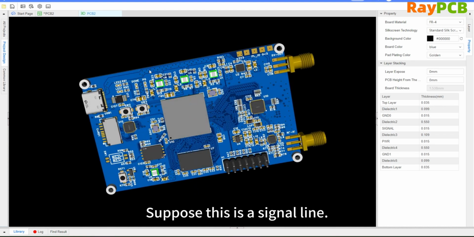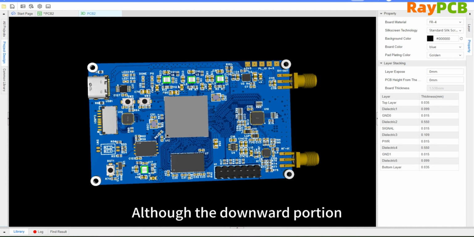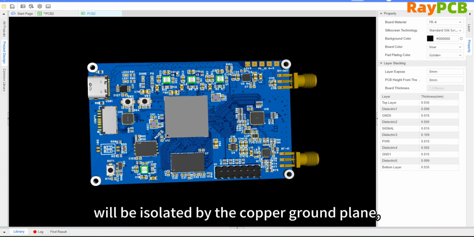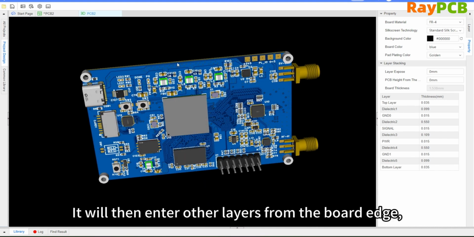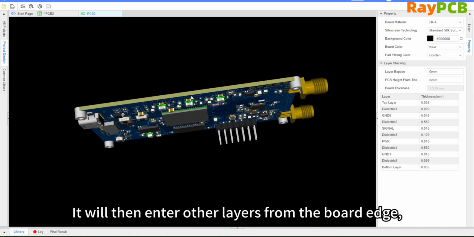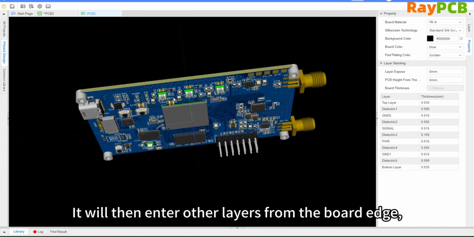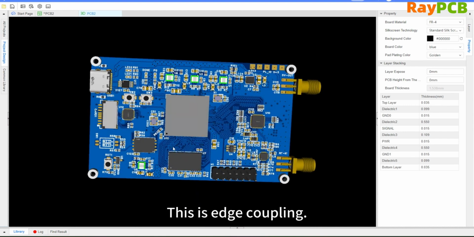Suppose this is a signal line. When it's at the edge, although the downward part of its magnetic field will be reasonably neutralized by the ground, the outward part has no shielding or isolation at all. It will then escape from the edge of the board and enter other layers, interfering with them. This is edge coupling, which then causes interference.